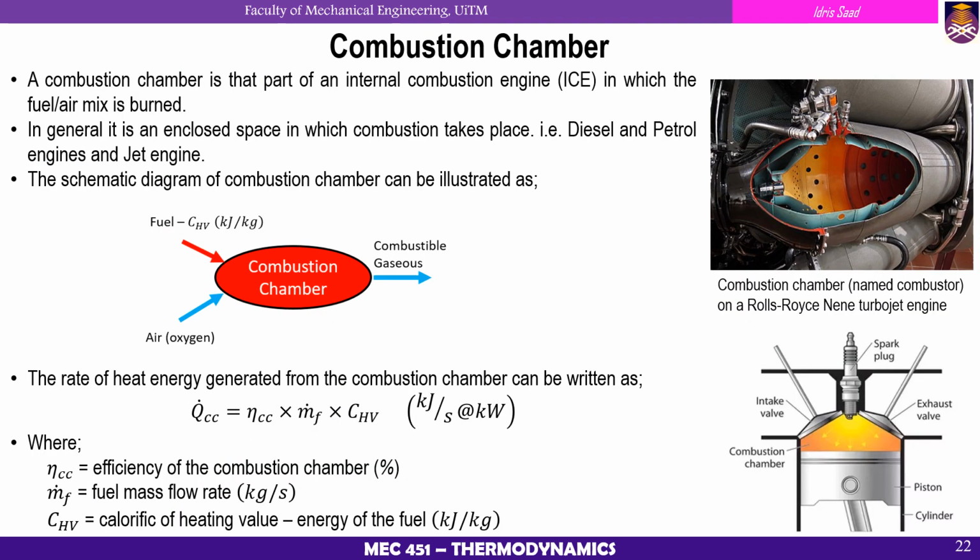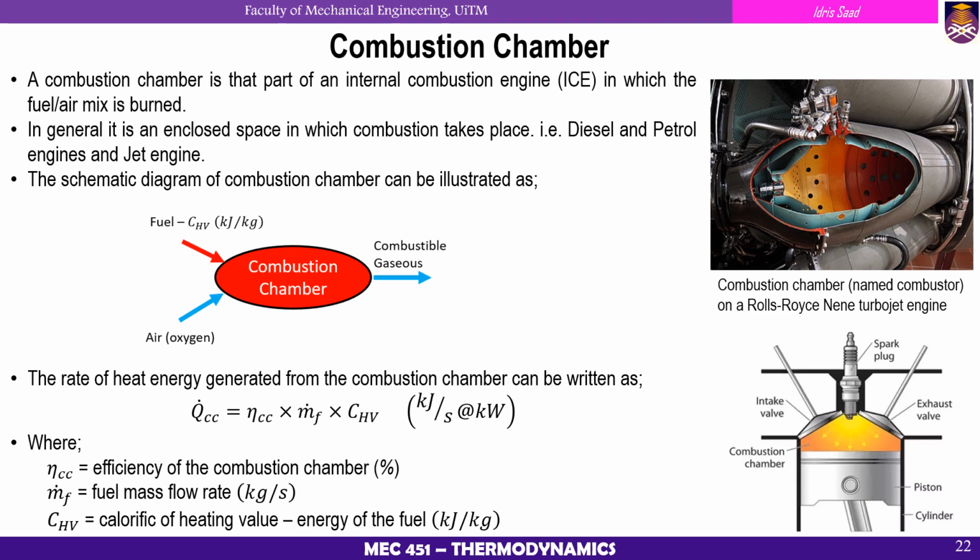In this slide, we will discuss the combustion chamber. A combustion chamber is that part of an internal combustion engine, or ICE, in which the fuel and air are mixed and burned.